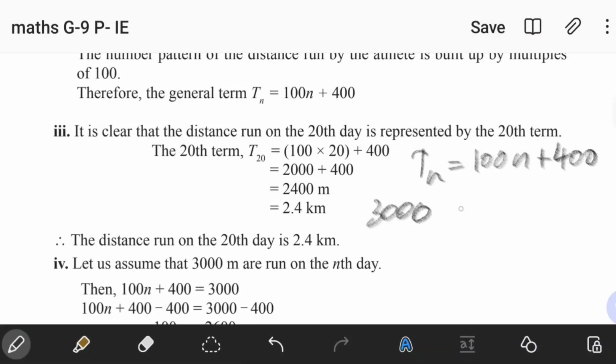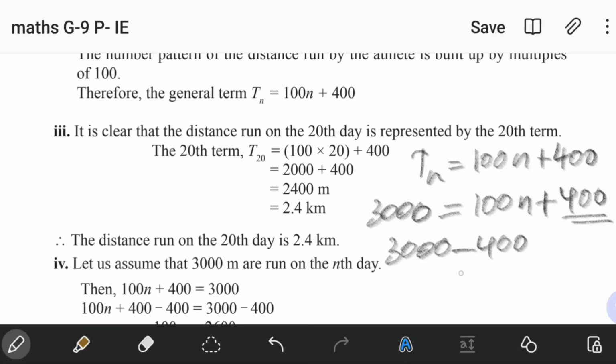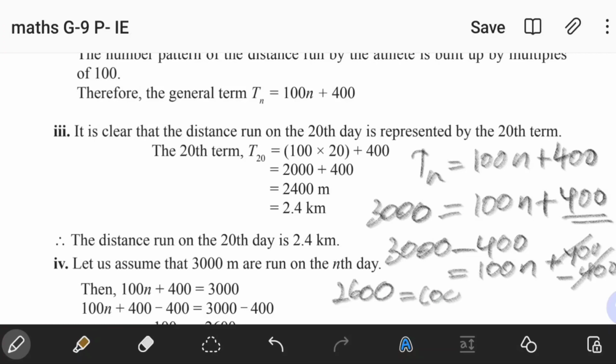So 3000 equals 100n plus 400. Now if we take this 400 to the other side, 3000 minus 400, this should be second nature for you very soon. You just subtract these two: 3000 minus 400 is 2600, equals 100n.